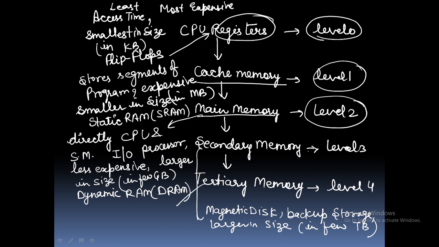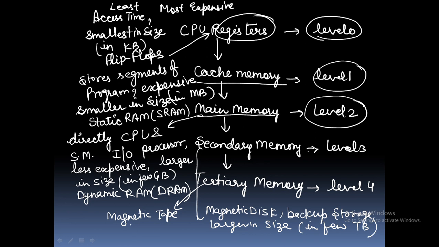At level 4, tertiary storage devices are present. This tertiary memory includes magnetic tape. You should keep in mind that in secondary memory we use magnetic disk for backup storage, but in tertiary memory we use magnetic tape.